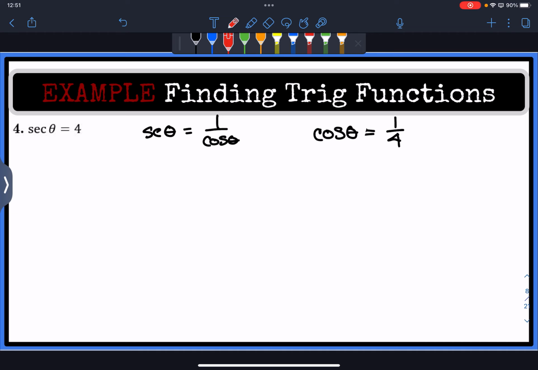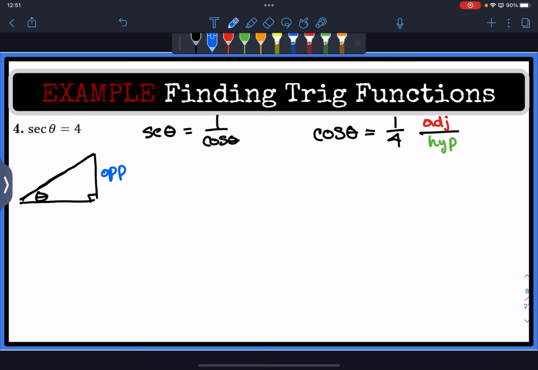And since cosine is the adjacent divided by the hypotenuse, that means if I draw myself a right triangle over here, and make my angle theta here, this side would be the opposite side of theta, this side would be the adjacent side of theta, and of course this is your hypotenuse.